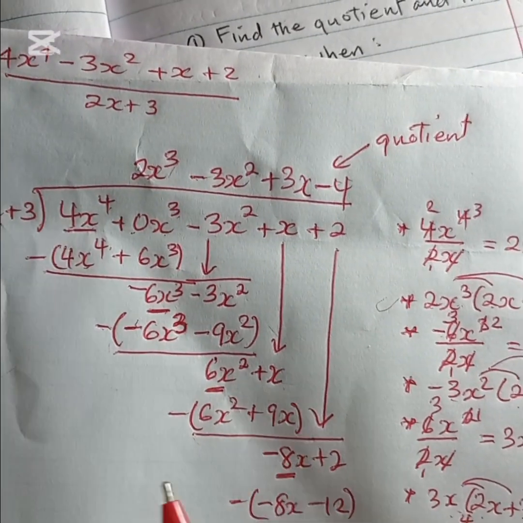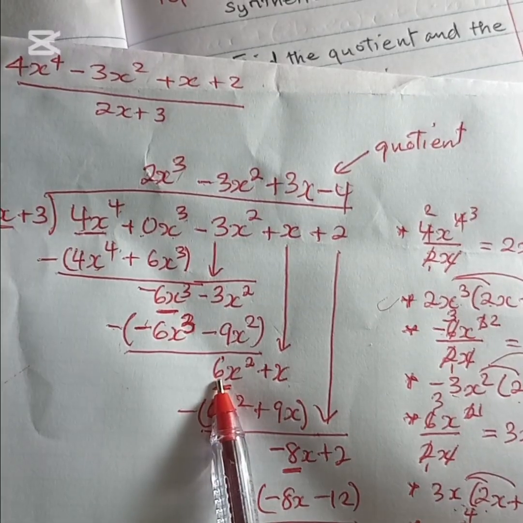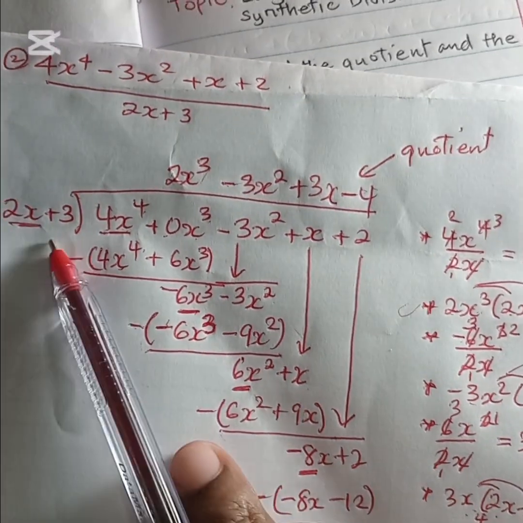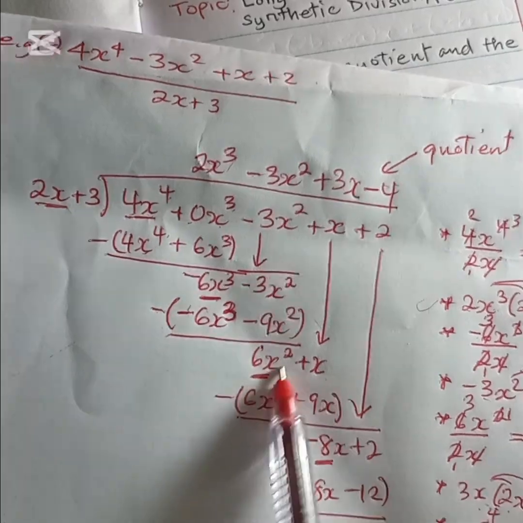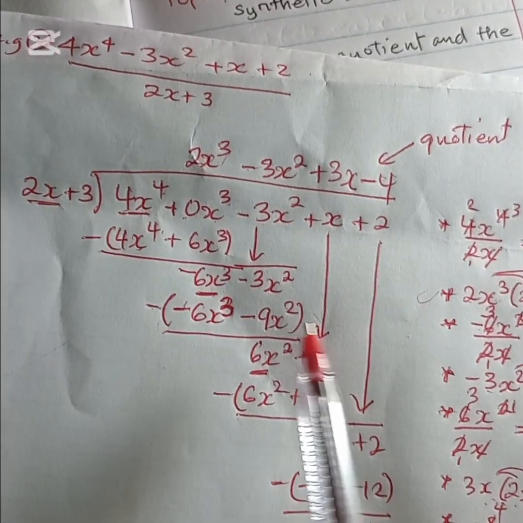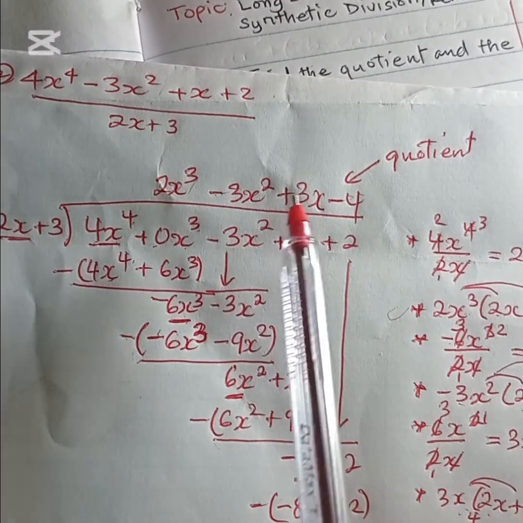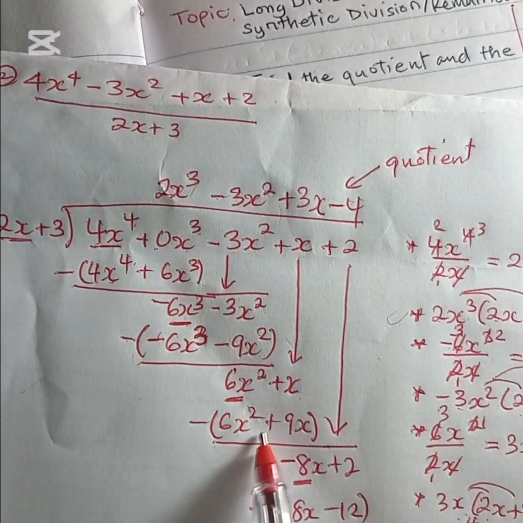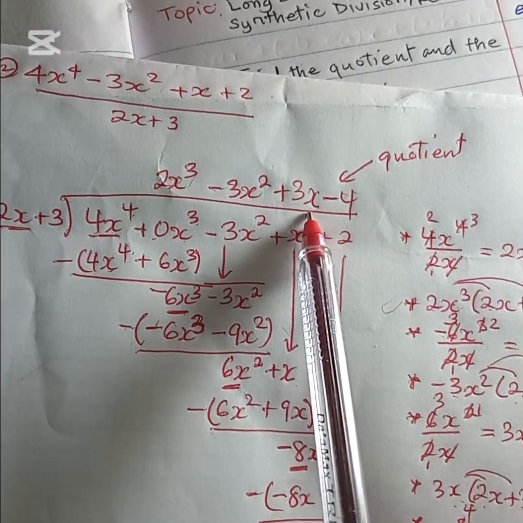And we divide this by that again. Again, the leading terms only. 6x squared by 2x. 6 divided by 2 is positive 3. And x squared dividing by x is just x.